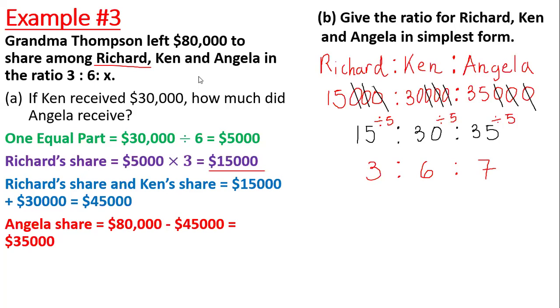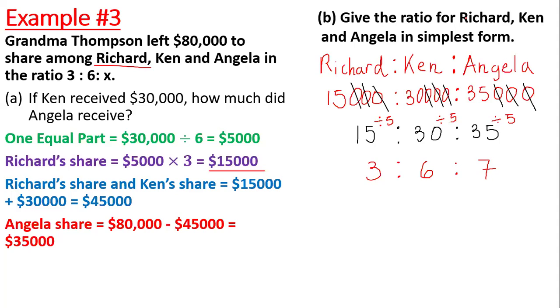I could do it. Go ahead, Antoine. Okay, first we was told Ken can get $30,000, and then we divide 30,000 by 6 because that's how much Ken can get inside the ratio, which gives us 5,000.